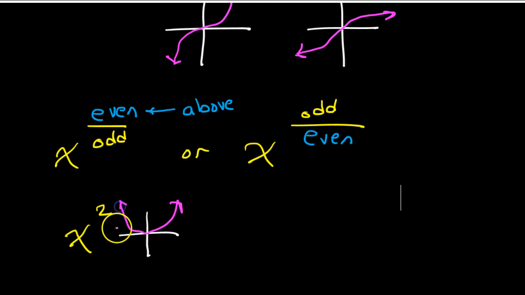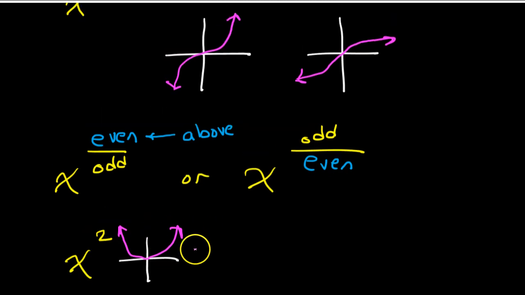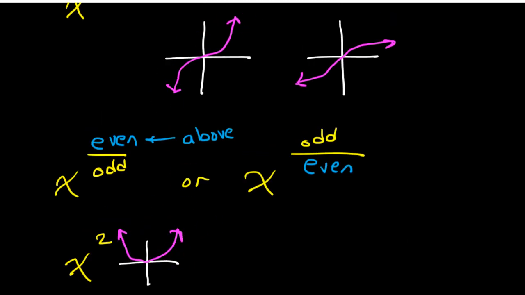Okay, that's what x squared looks like. But part of the reason that the entire graph is above the x-axis is because when you square a negative number, it becomes positive. So anything that would have been negative becomes positive, and so you get this shape out of it.